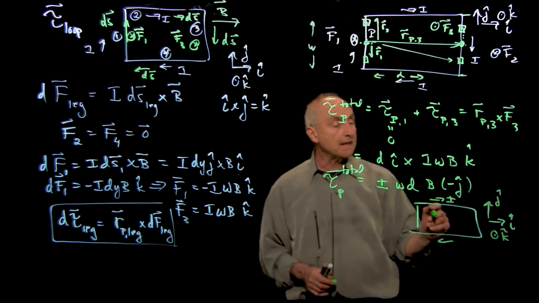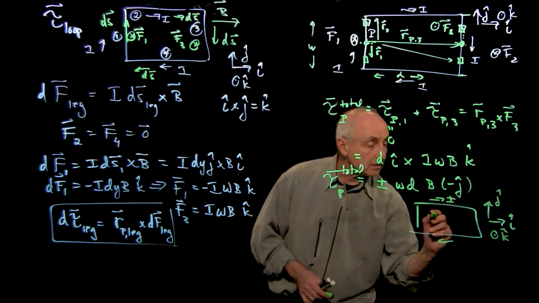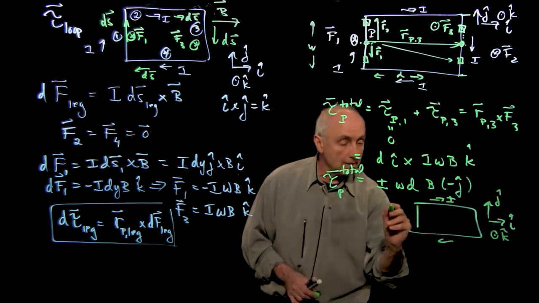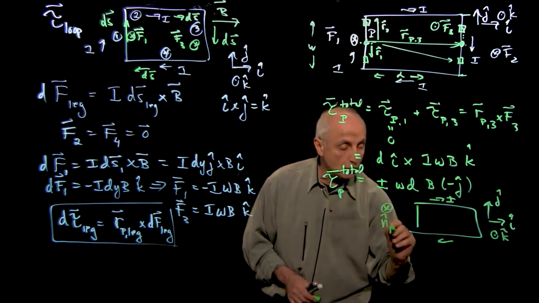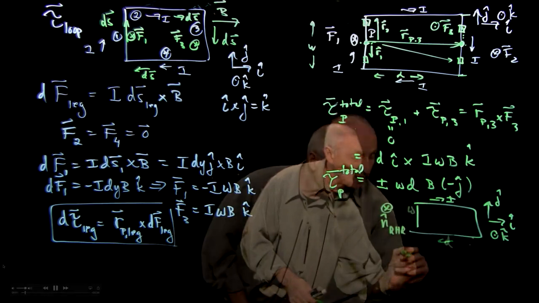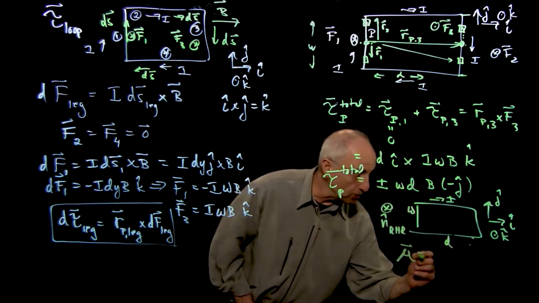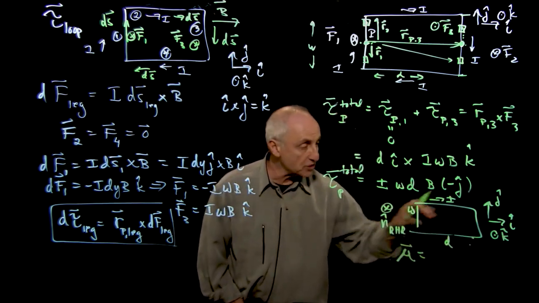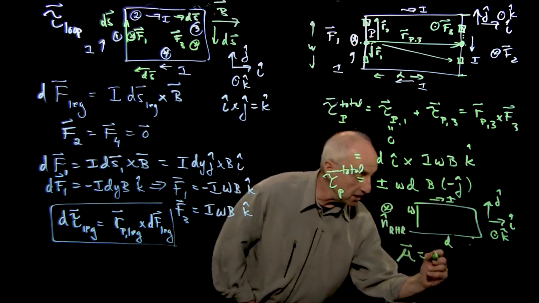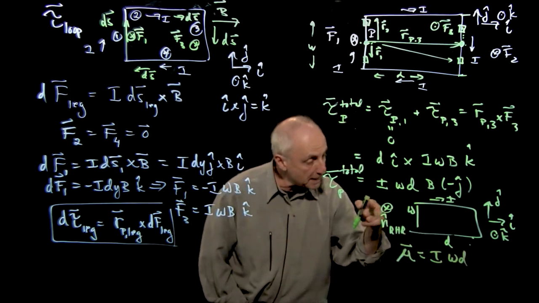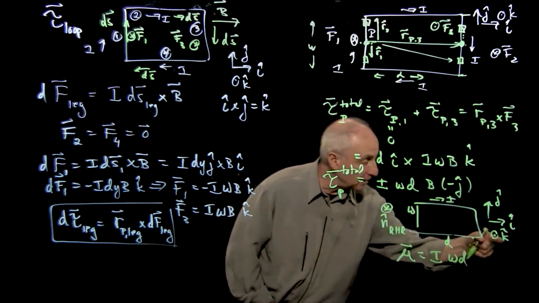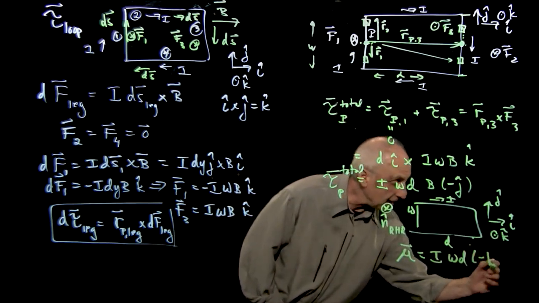And our magnetic moment, by the right-hand rule, as you look at this loop, n hat, is into the page of the figure. So our magnetic moment, mu, remember, is in the direction perpendicular to the plane of this. It's the current times the area, which is WD. Now the direction into the plane of the figure here is minus k hat.